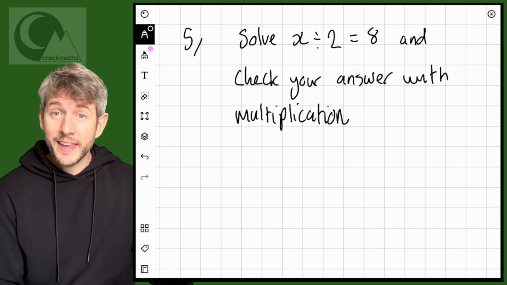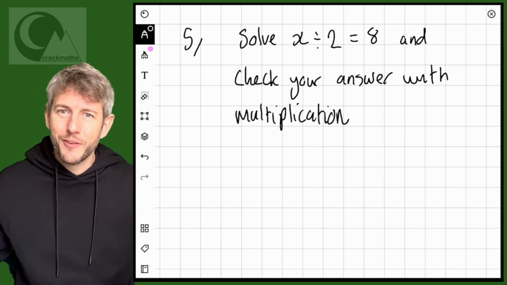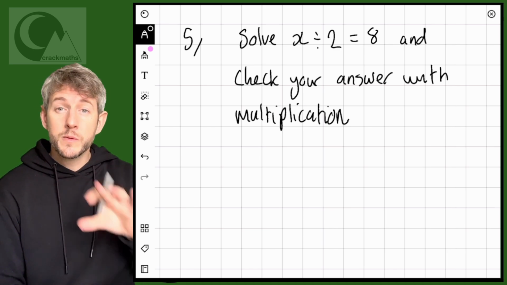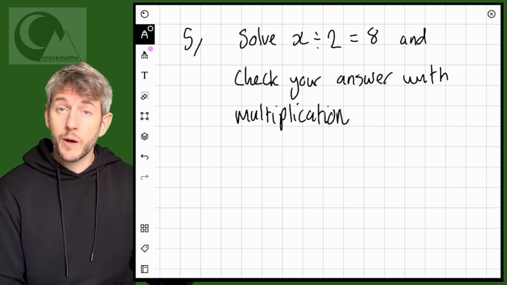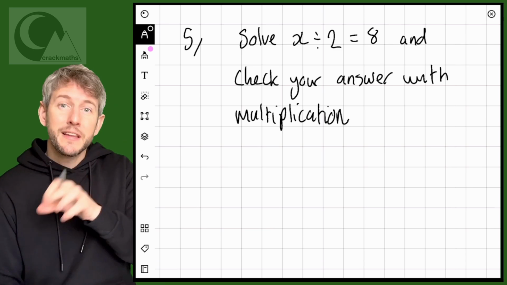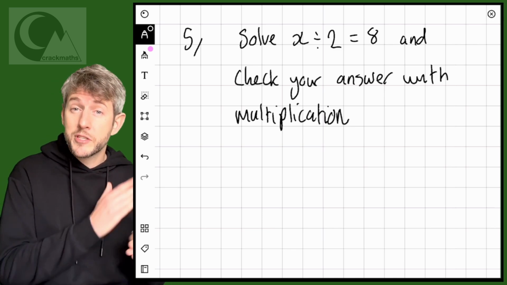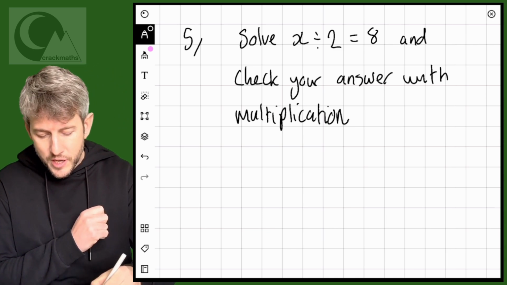Okay, so again, this is a division one, so multiply and divide comes together. And remember, we're always looking for the product. So something divided by something equals something else. It's the thing that's being divided that is going to be the product, and that will equal the other two things multiplied together. So let's have a look at this.